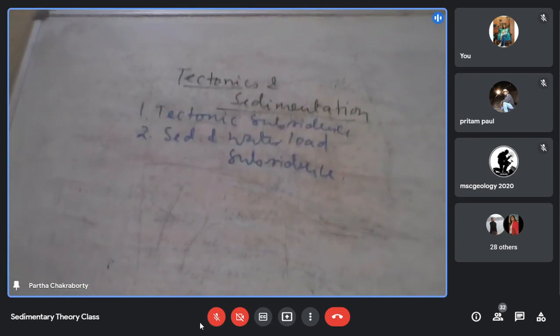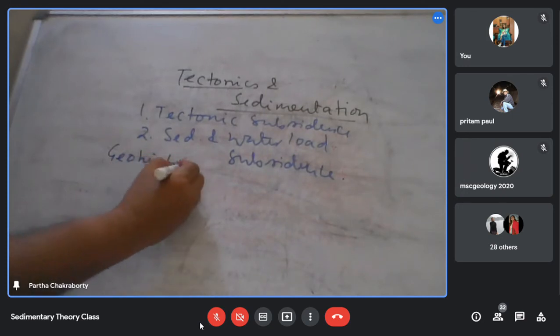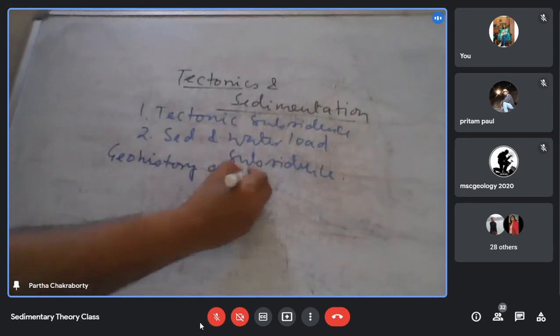And then how it got accumulated in a reservoir rock. Is there a reservoir rock present in the basin? All these are the work of a basin analyst. And in the process, basically, they do geohistory analysis.